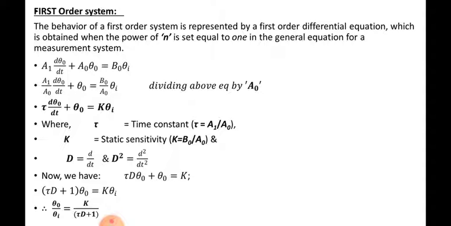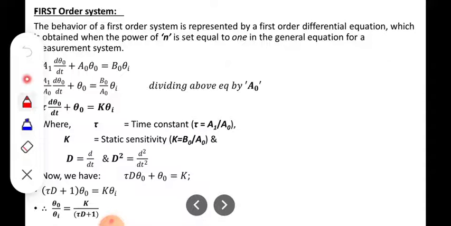Now d by dt is replaced by capital D, so we have tau D theta o plus theta o equal to k theta I. Taking theta o as common, we get tau D plus 1 in brackets times theta o equal to k theta I. Now dividing the equation by theta I, we obtain theta o by theta I equal to k by tau D plus 1.